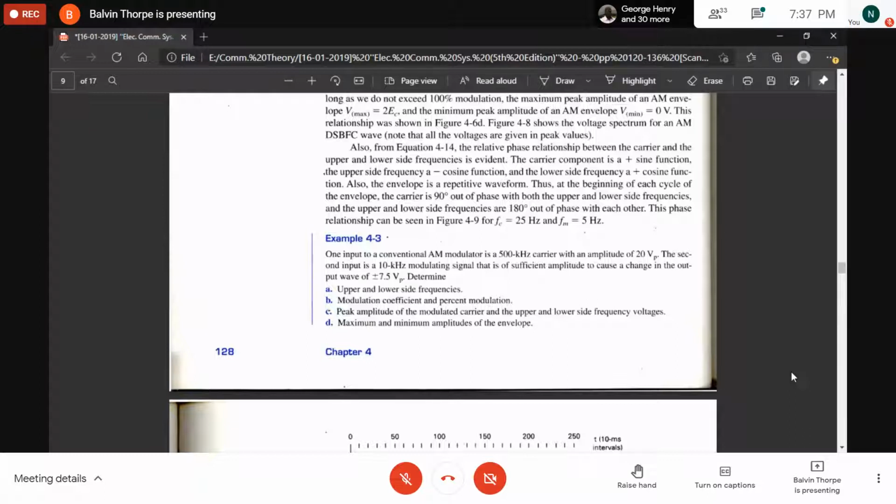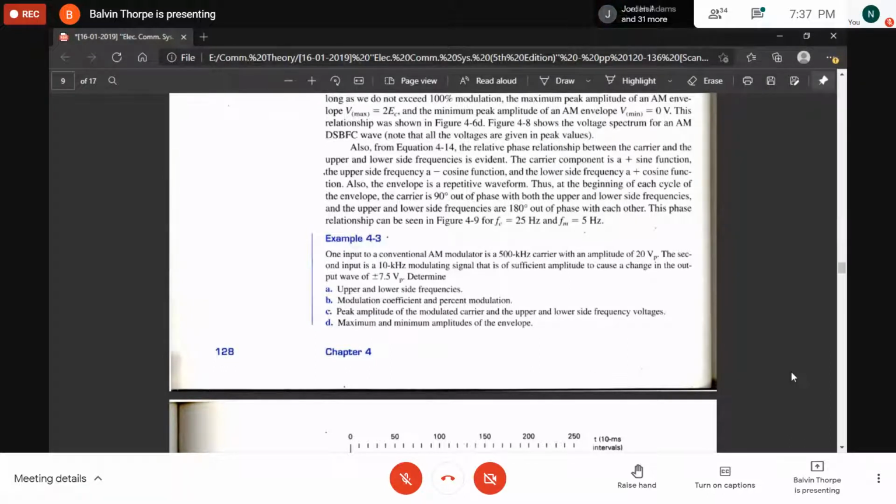Okay. All right. So from what we learned so far, ladies and gentlemen, we have no problem determining the upper and lower side frequencies right now. Remember, the upper side frequency is FC plus FM.